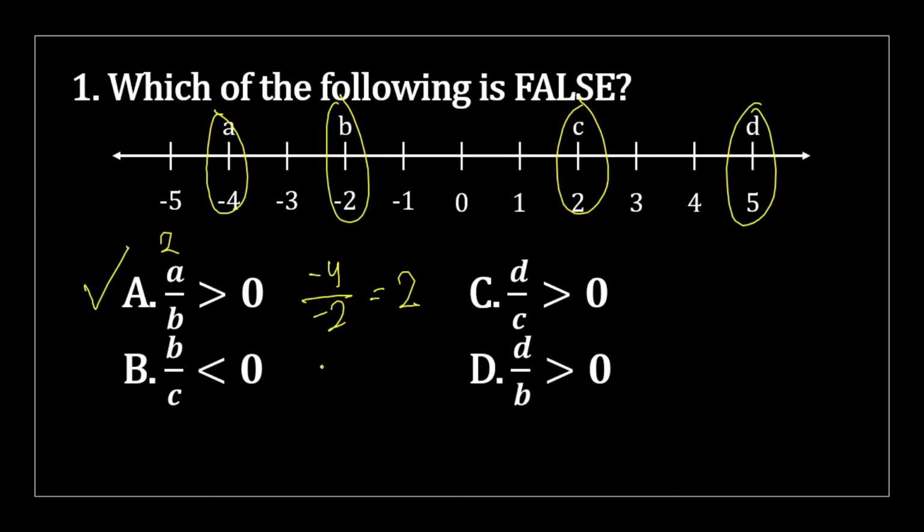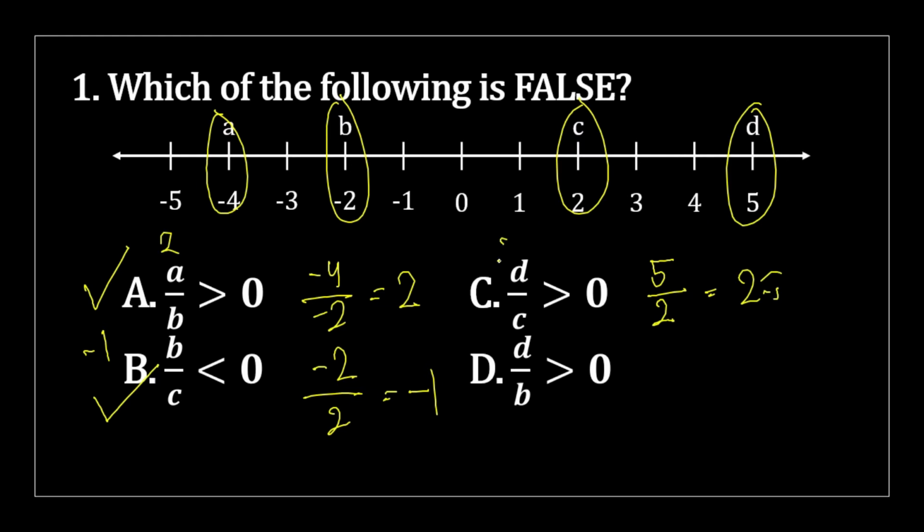On letter B, we have negative 2 divided by 2, and this is negative 1. So negative 1 is less than 0. B is also correct. On letter C, we have 5 over 2. So this is 2.5.